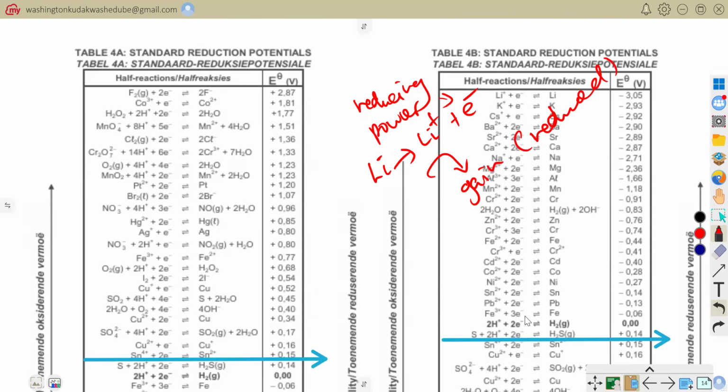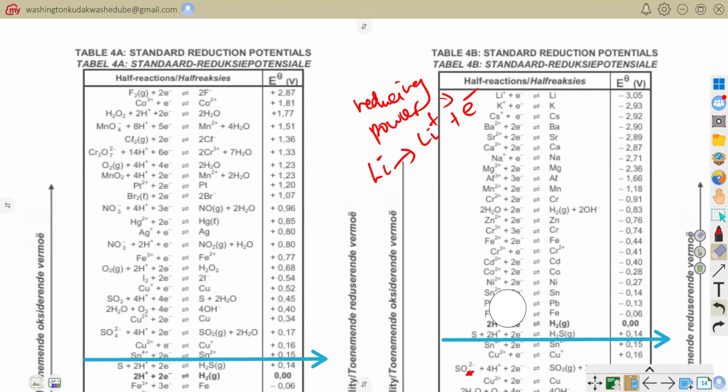So if, for example, it reacts with something below it that has a negative value, let's say lithium is reacting with sulfate ions.